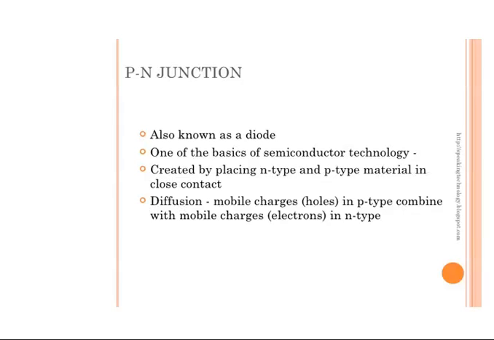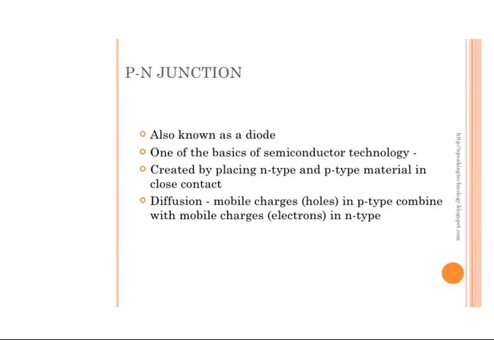When they are fused together, initially the number of electrons on the N side of the junction is very large compared to the number of electrons on the P side. The same is true for the number of holes also. This density gradient causes migration of electrons from the N side to the P side of the junction.